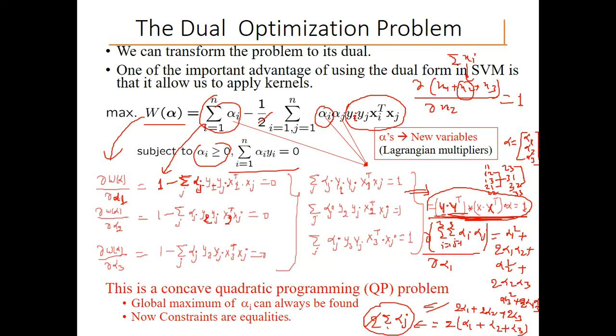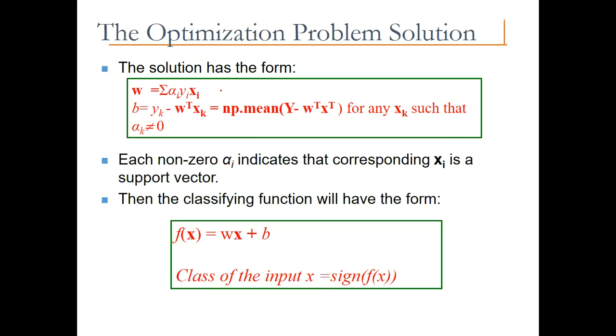Once you get the value of alpha, you have to substitute alpha here to get W. And once you get alpha and W, you substitute W here and get b. Having W and b both, our model is done. So the predicted class will be the sign of this function f(x). So this way we estimated alpha, W and b.